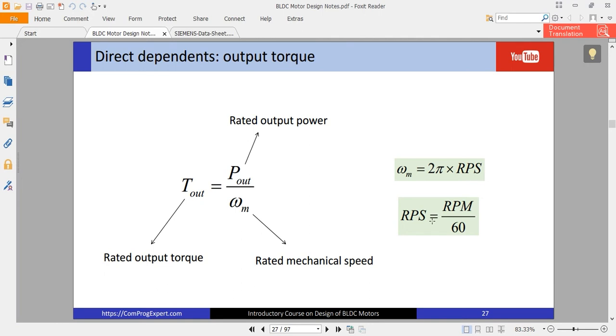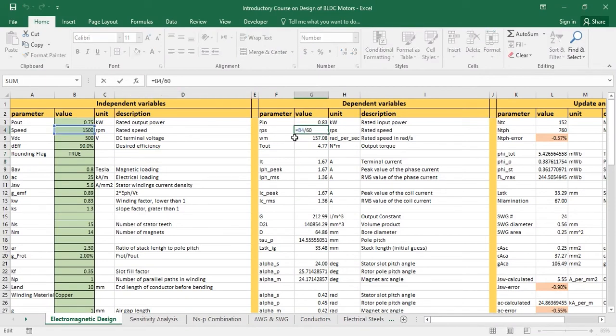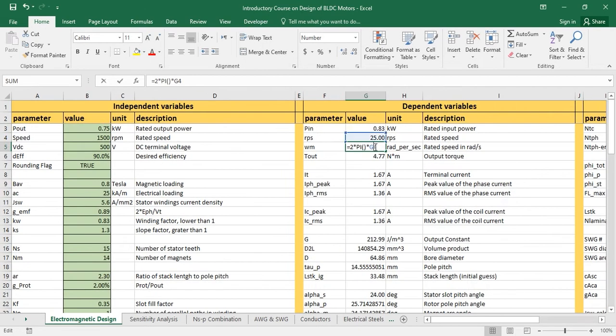And as you know, revolutions per second is equal to RPM divided by 60. So I implemented this equation here. The rated speed in RPS is RPM divided by 60, and omega m is equal to 2 times pi times RPS, and the output torque is 4.77.